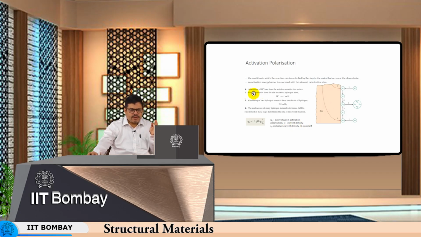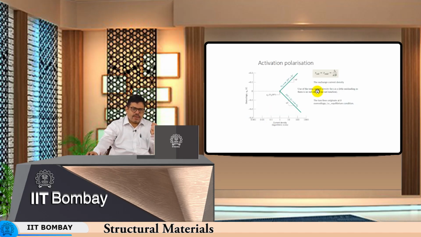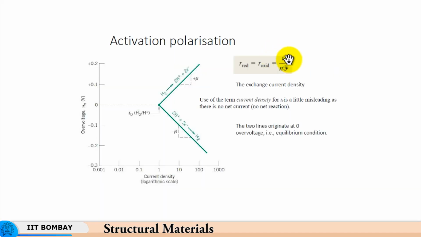Here you need an activation energy barrier to be crossed for one of these events to take place, and the higher the activation energy, the slower that event will be, and therefore that will govern the rate of reaction. So, we can equate this rate of reduction to the rate of oxidation and to the current density at equilibrium, and so find I naught as the exchange current density.